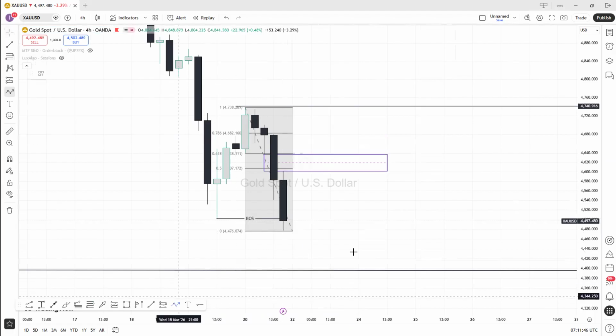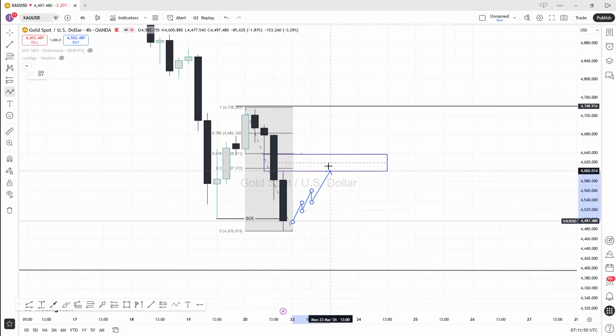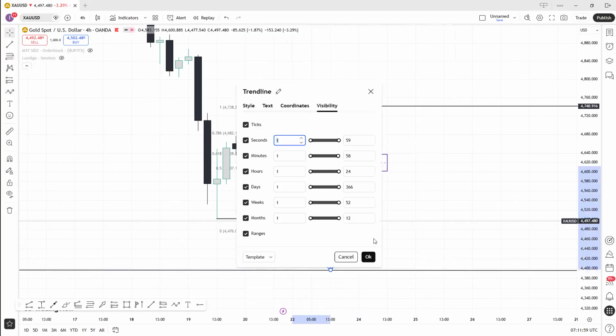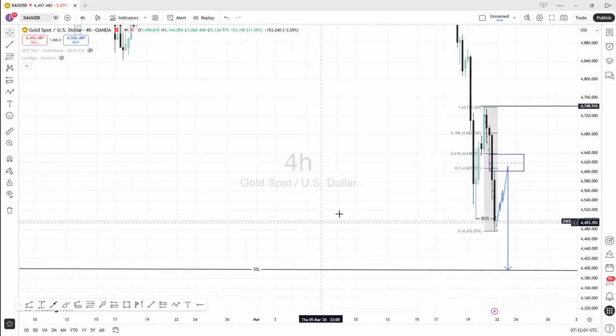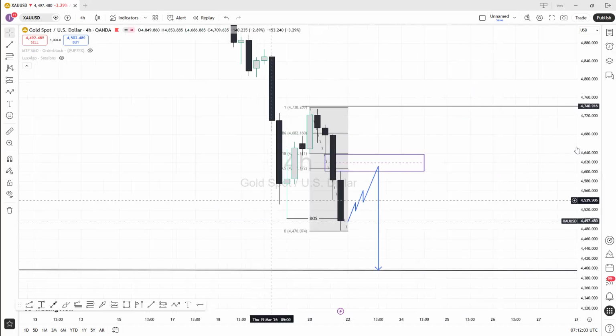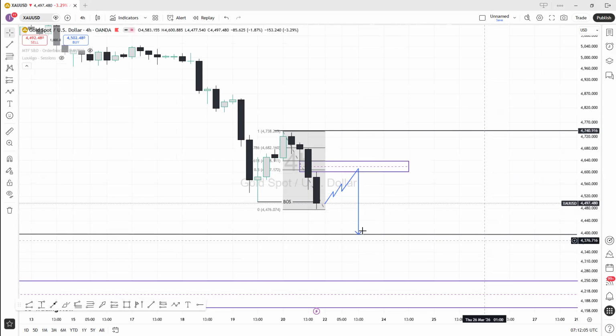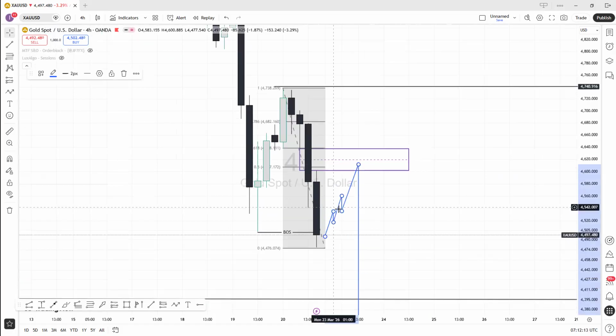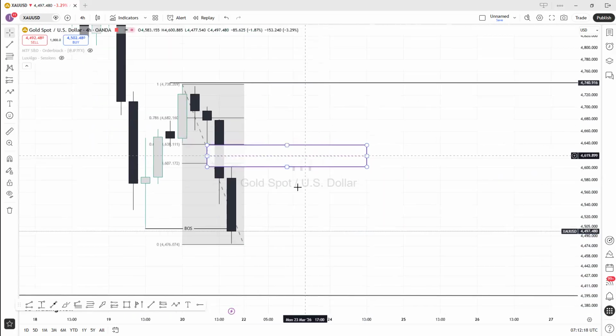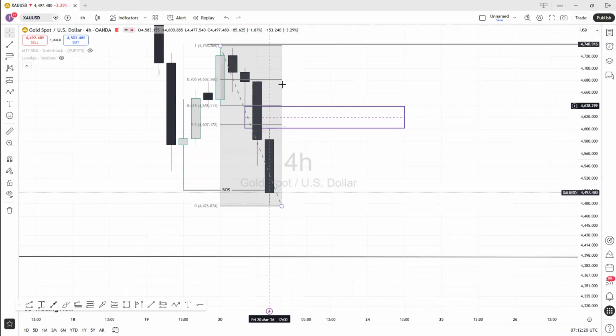So next week, expect the price may retrace back a little with low volatility, and then expect another extension until price takes out this weekly liquidity, and then we can look for continuation to this weekly demand or weekly order block. So for next week, I am supposed to find a short position around that area.